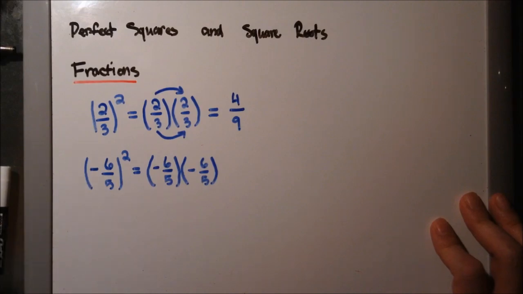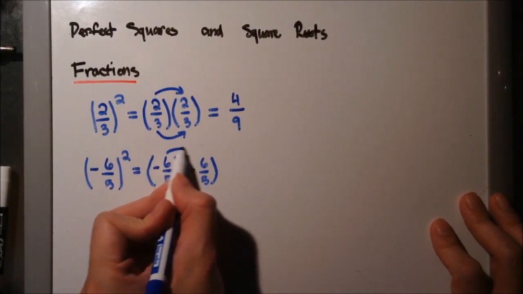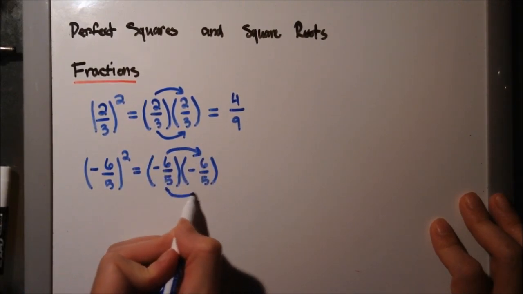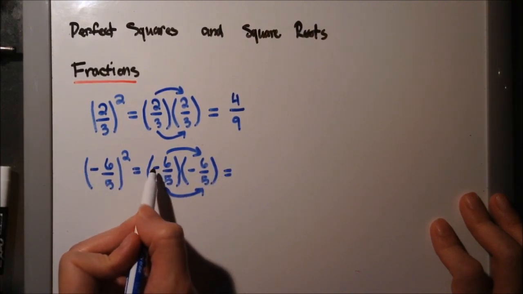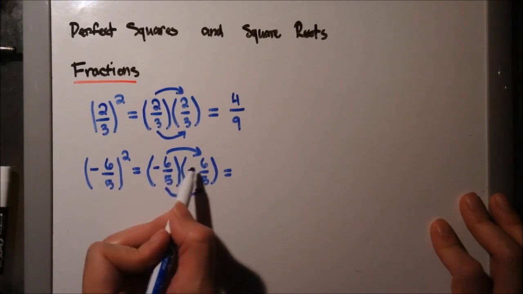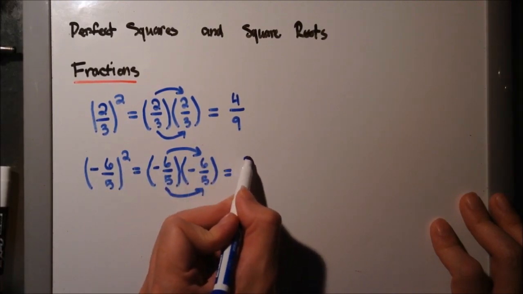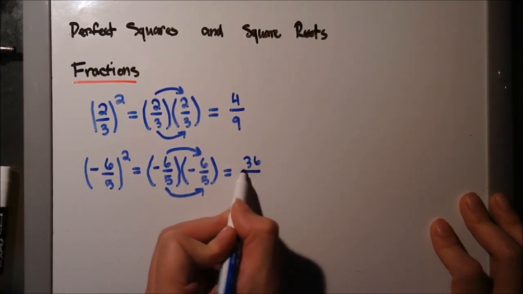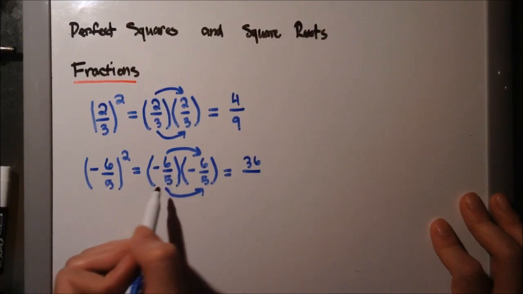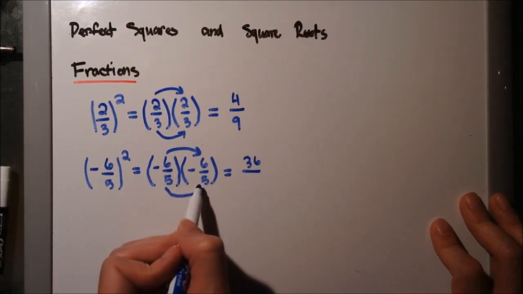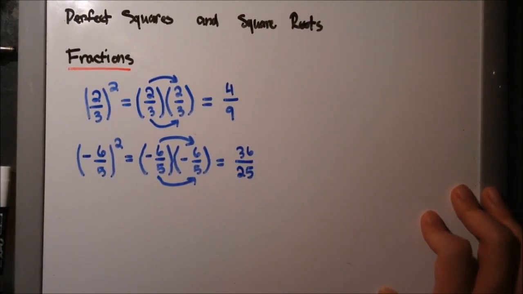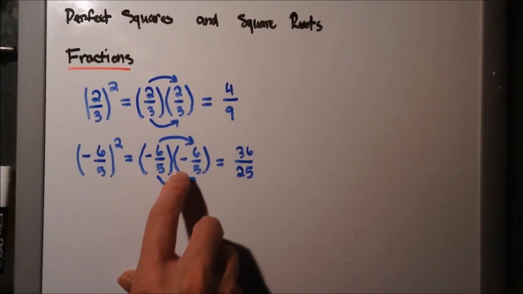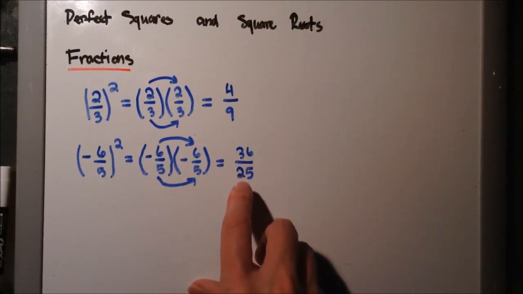And again, when you're multiplying with fractions, it's numerator times numerator, denominator times denominator. So now keep this in mind. -6 times -6 is a positive 36. And then since I used a negative on the 6, it's going to be just a positive 5 times a positive 5, which is 25. So -6/5 times -6/5 is 36/25.